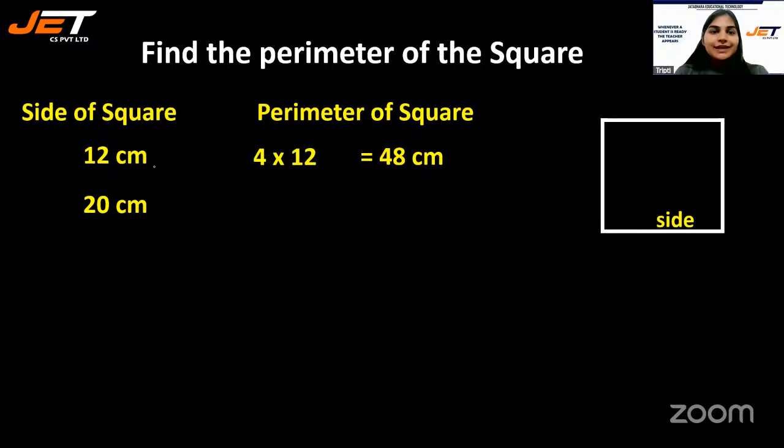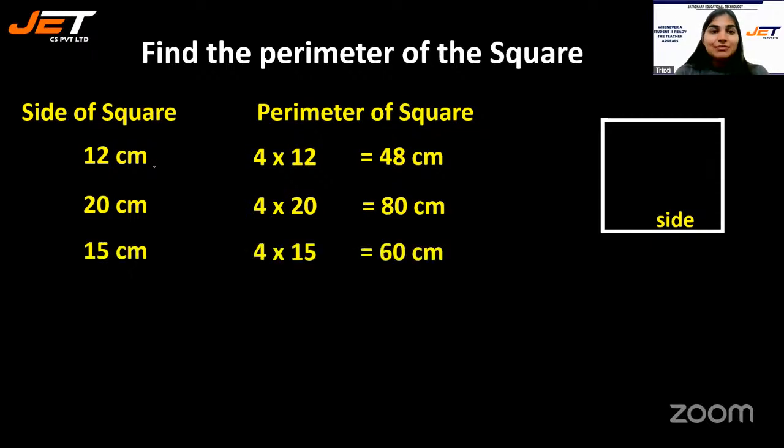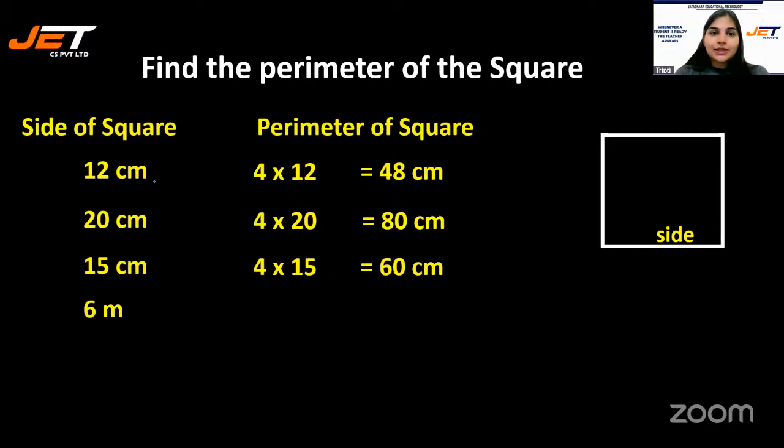So here it's 4 times 20, which is equal to 80 centimeters. 15 centimeters. So 4 times 15, which is 60 centimeters. So basically you just have to do it 4 times.